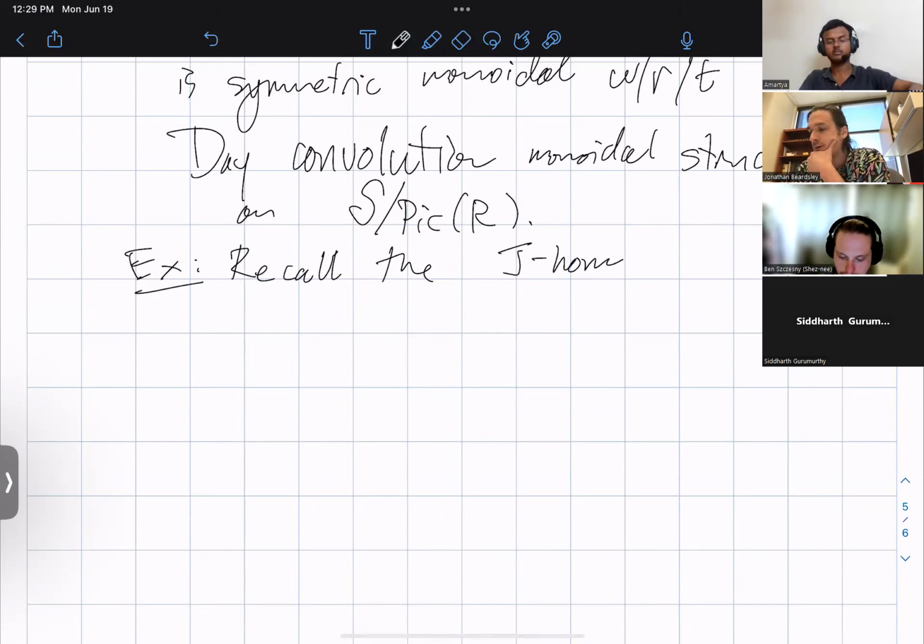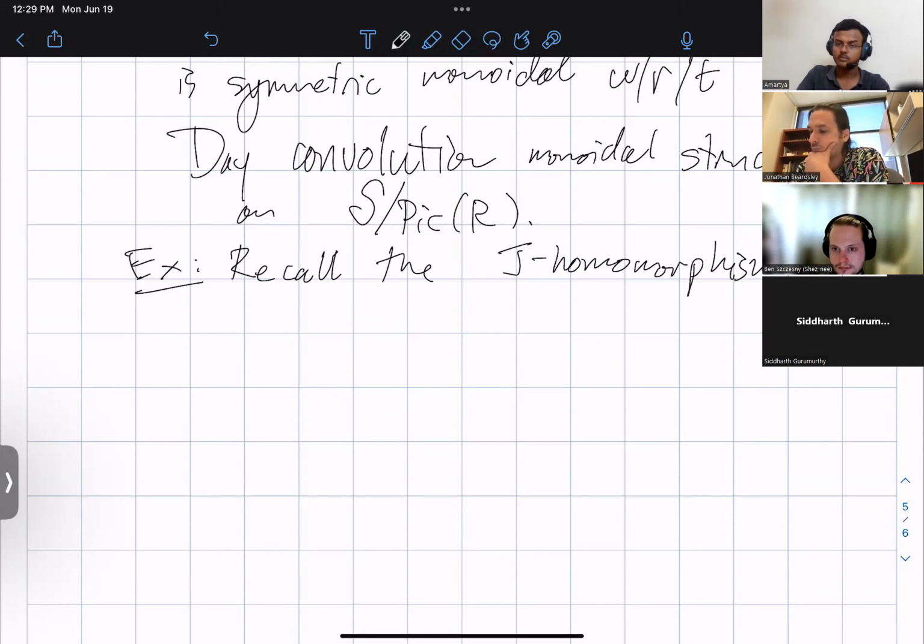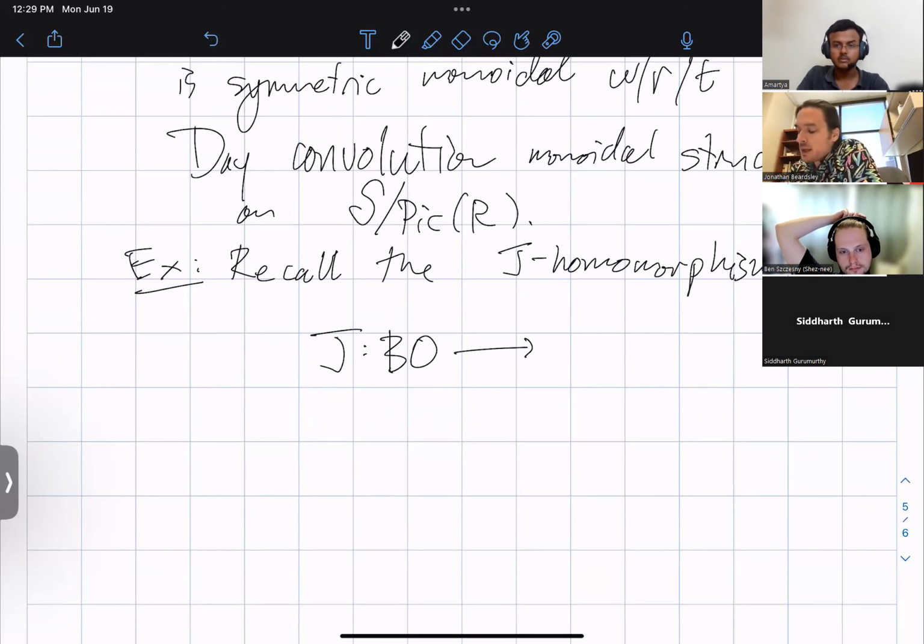So remember, there's this thing called the J homomorphism, which describes an action of the infinite orthogonal group on the sphere spectrum.